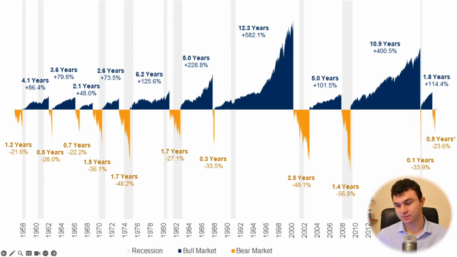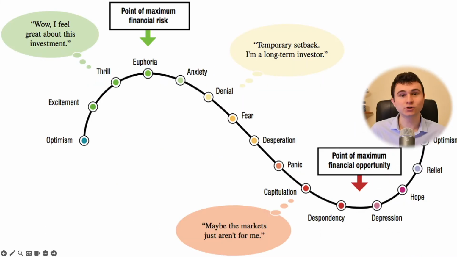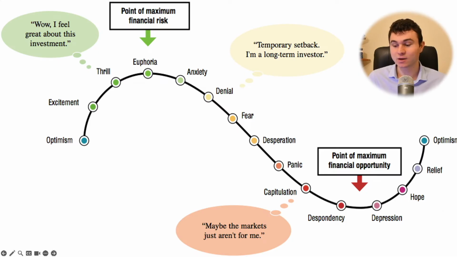You will have cycles, really strong bull markets, really strong bear markets. It's part of life, and you have to be aware of this. And this phenomenon of cycles in bull market, bear market, well, every time you have a cycle of emotions, and that's why you have these cycles.